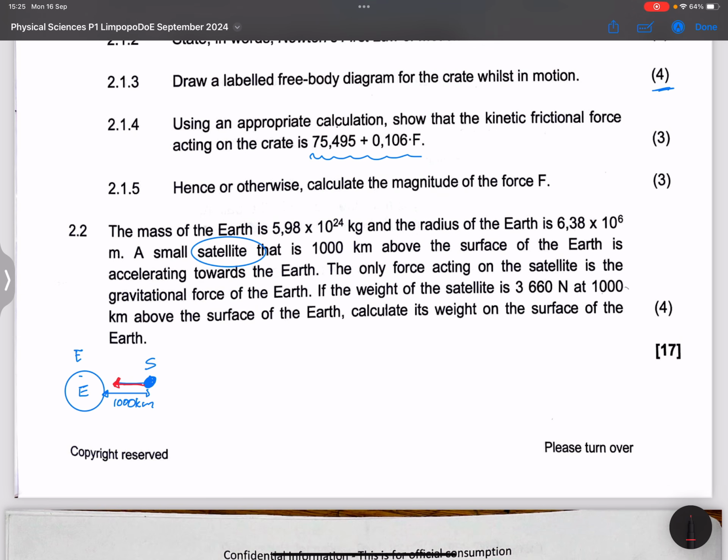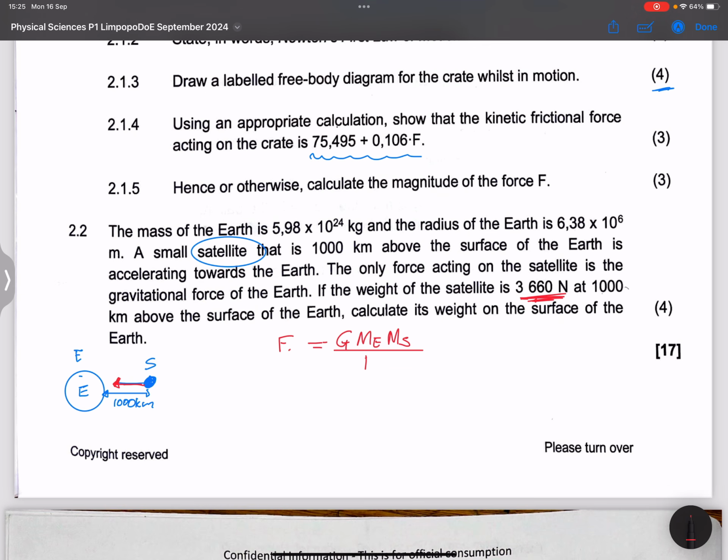They said the weight of the satellite is 3,660 newtons at 1,000 kilometers, which means the force of attraction is going to be G, the mass of the Earth, the mass of the satellite, divided by the radius, or rather the distance.